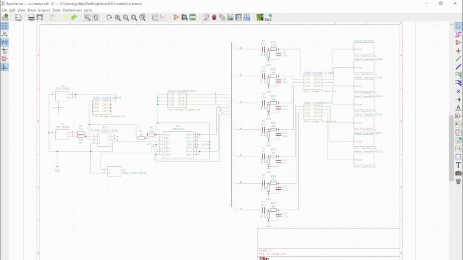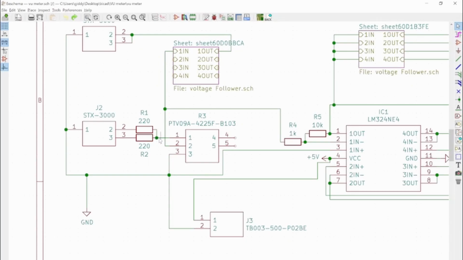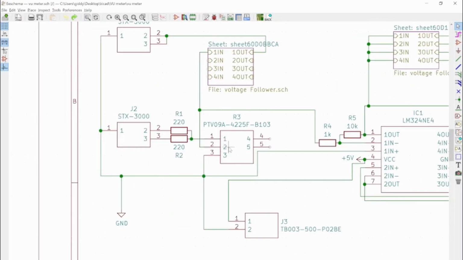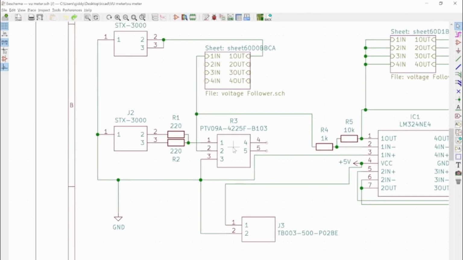They're 3.5mm audio jacks. Because 3.5mm is left and right channels, we're basically using 2 resistors here to combine into 1 channel. And then this here is a variable resistor, which we're using to change the voltage up and down of the audio input.